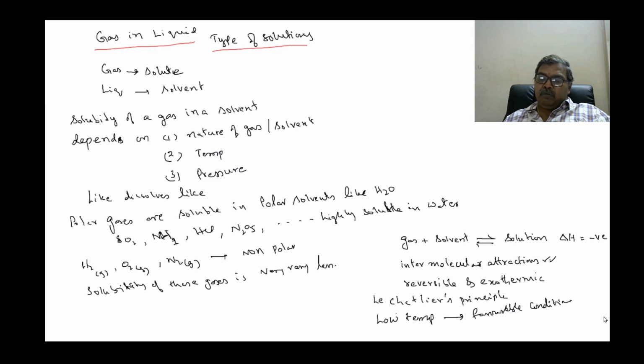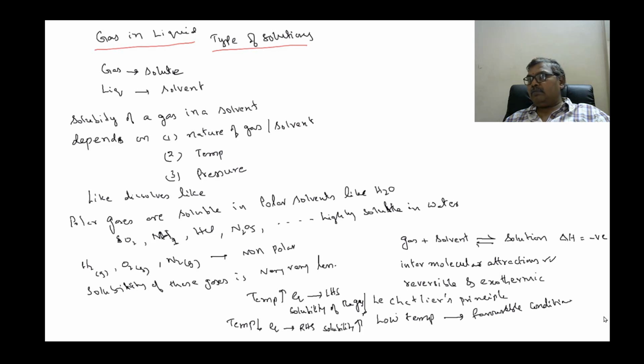So with the rise in temperature, equilibrium shifts to the left hand side and solubility of the gas decreases. If temperature is decreased, equilibrium shifts to the right hand side and the solubility of the gas in the solvent increases.